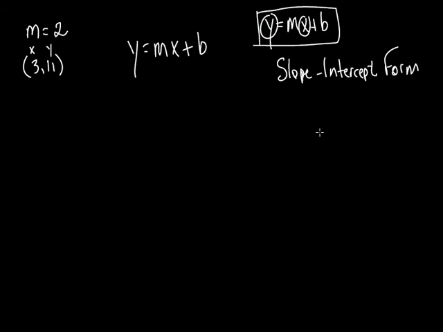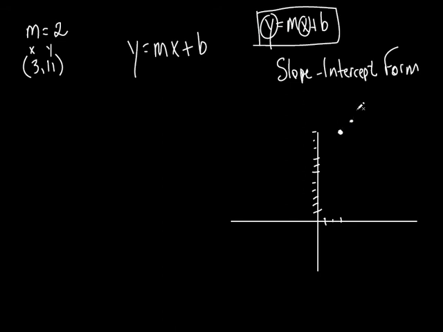In fact, you don't have to graph these, but let's just do it this first time so we get an idea. So the point is (3, 11). 1, 2, 3, and up 11. Just to get it to fit on there. All right, so there it is right there. And then the slope is what? 2. So I rise 2, run 1.